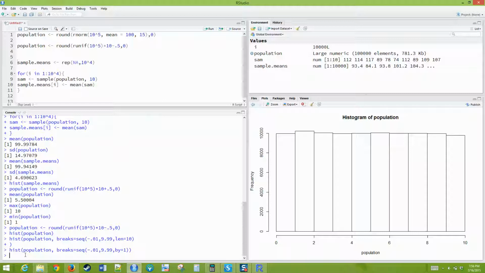And so now I'm going to randomly select 10 random digits from our population, and we're going to average those numbers, and we're going to repeat this over and over and over again. Okay, and we're going to create sample means this way. So what do you think will happen here?